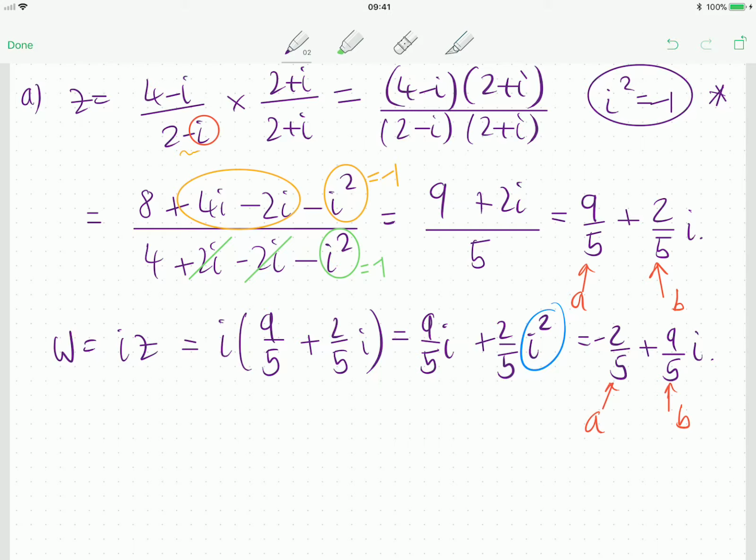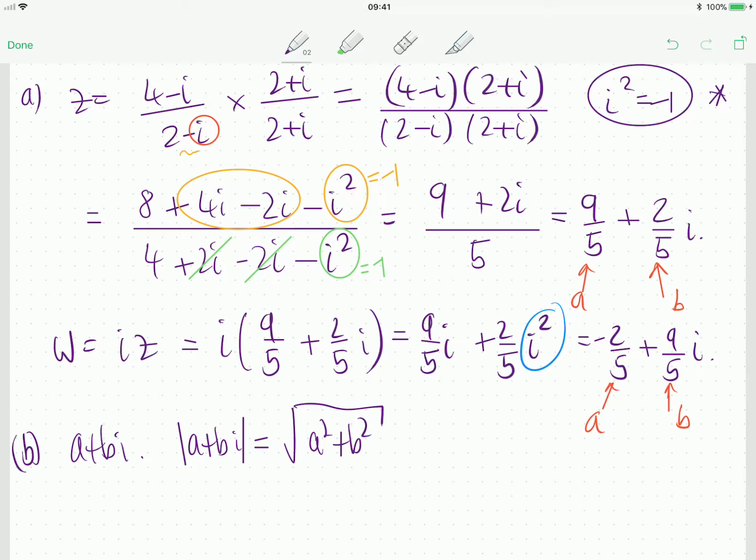Okay, so what was part B? Find the modulus of z. So what does modulus mean? If we take any number, maybe I'll just pick a plus bi. This is a complex number. What's the modulus? Well, it's just the distance from 0 in the Argand diagram. And we just use a bit of Pythagoras.